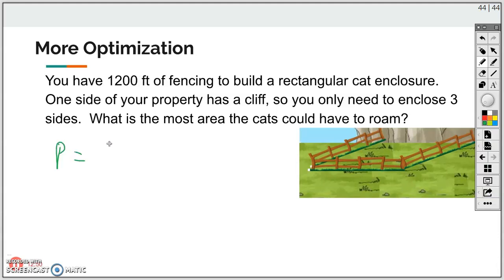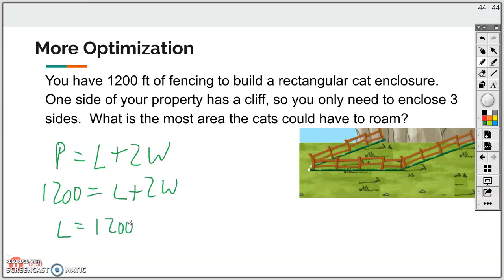Normally, perimeter would be 2L plus 2W, but in this case, I'm going to just say that it's L plus 2W because we don't have to build the fence on this side. We know that the perimeter is going to be 1,200 feet, so I'd say 1,200 equals L plus 2W. So L would be 1,200 minus 2W.